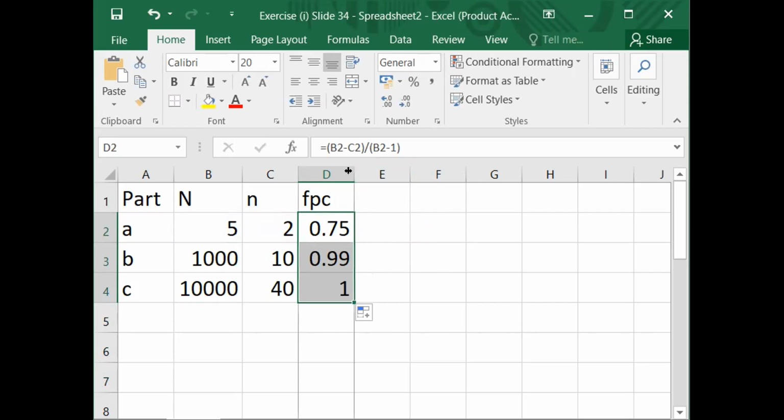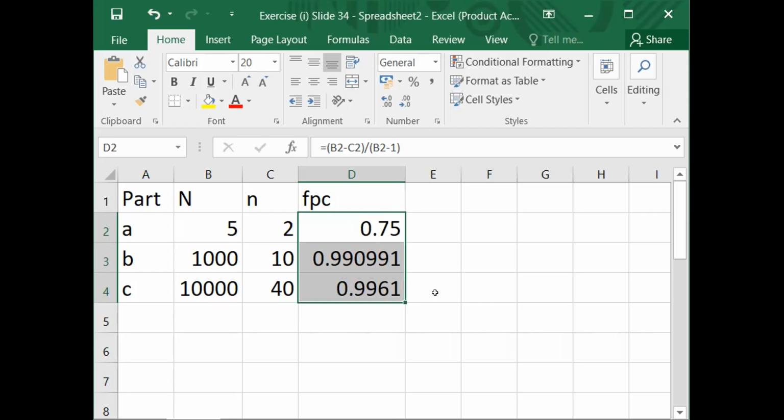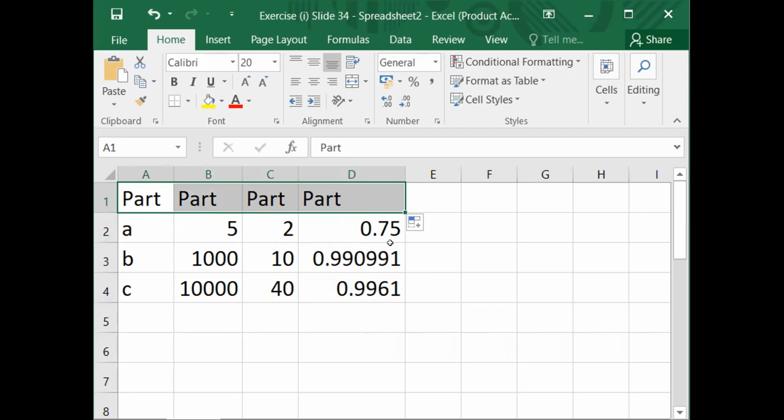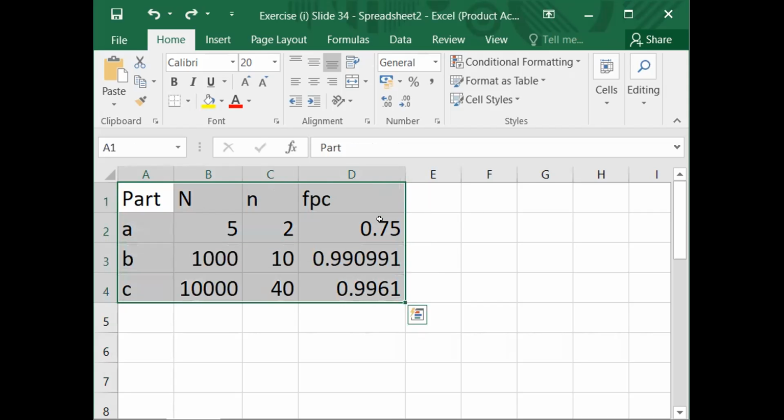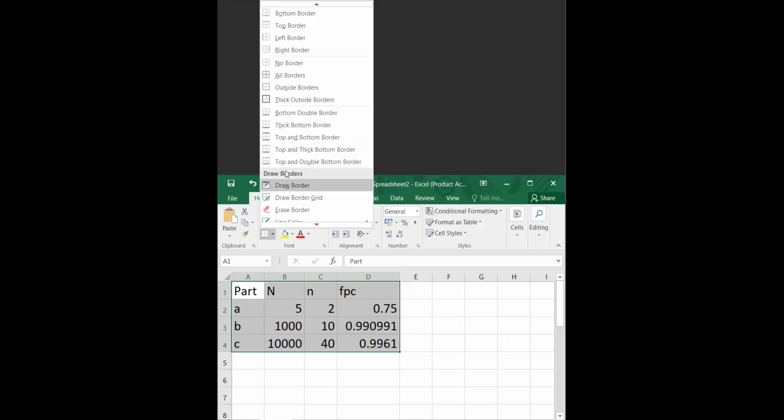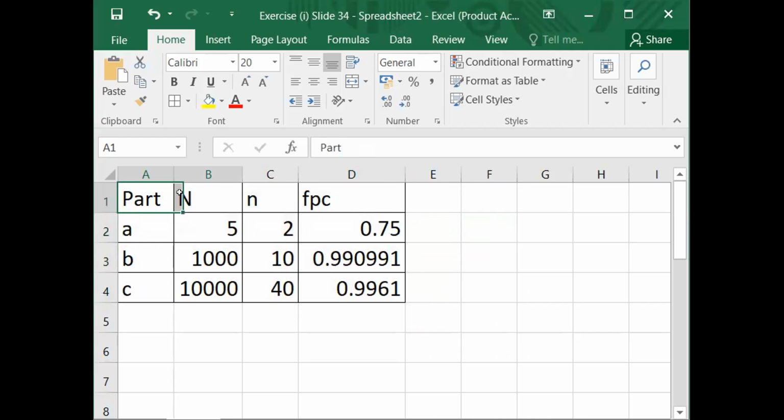So what conclusion are we taking here for the different values of the FPC? The conclusion is that as the population size increases, the value of the FPC becomes closer and closer to 1, and the effect is that the FPC value will be neglected for a large population size.